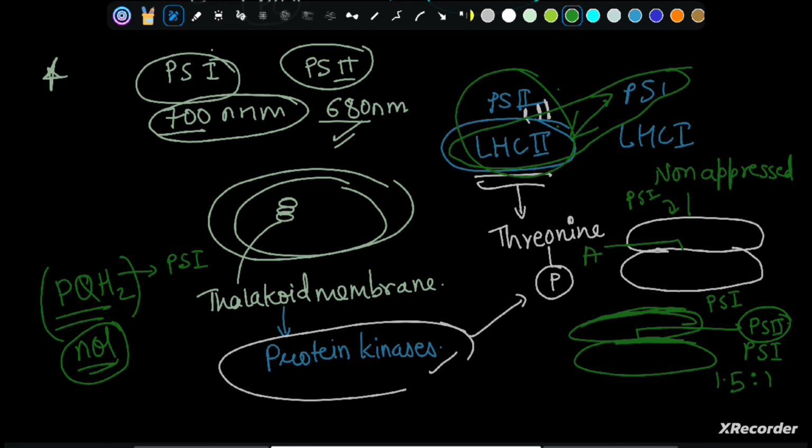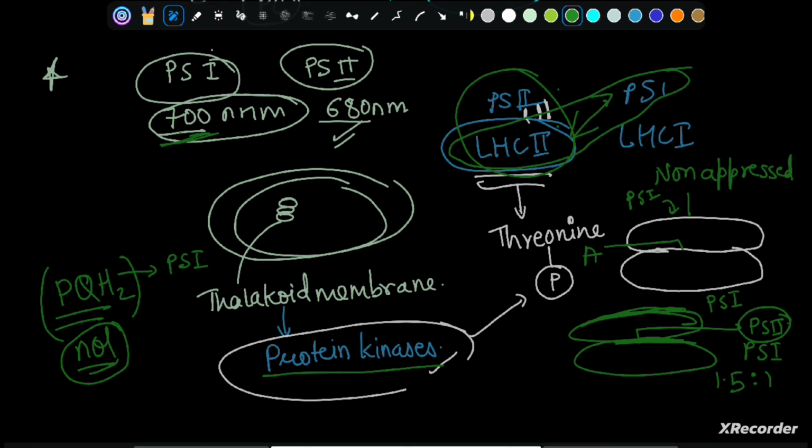When more of this reduced form accumulates, the protein kinase will sense that it has to phosphorylate LHC2 so that it can move towards the PS1 system. PS1 will get more energy to reach the excited state, because it requires 700 nanometers to reach that excited state, and that's how the overall regulation is done, so that energy is distributed to both systems.